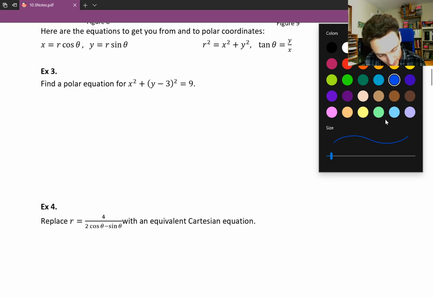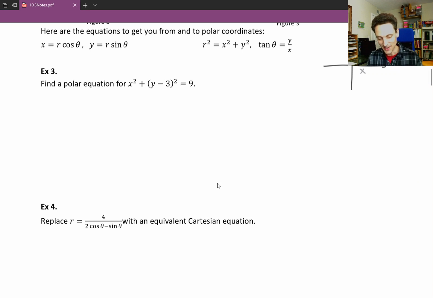Now before we do that though, one thing is we want to find for our polar equations eventually r equals some function of theta. So if we just replace the x with an r cosine theta and the y with an r sine theta, it's going to be a little bit hard to solve for r.